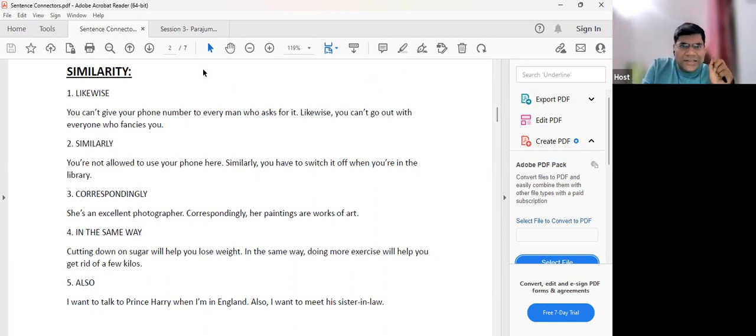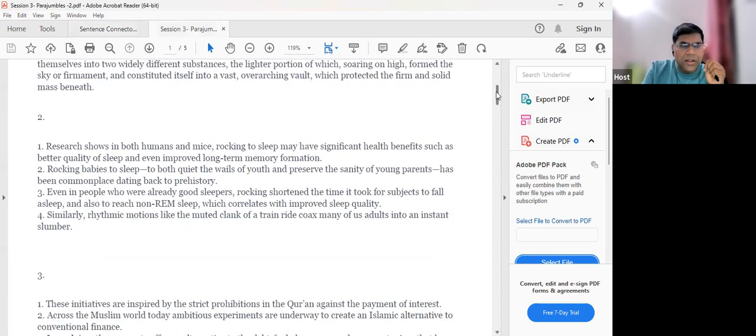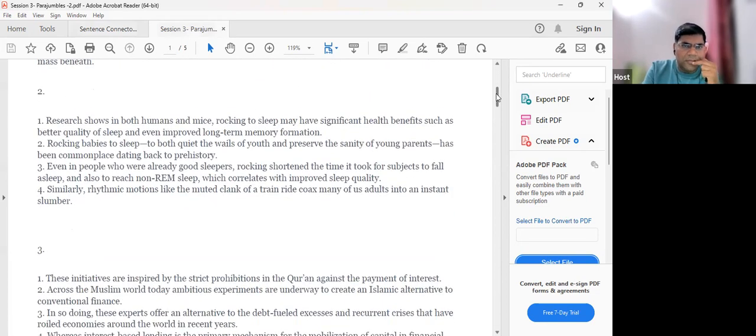So just to explain similarity, I will take one question and I want you to give the answer. Okay, chalo. Please take the second question and tell me how you would go about this.